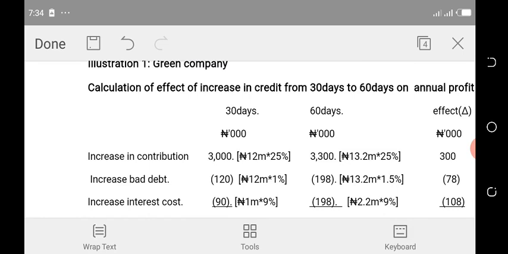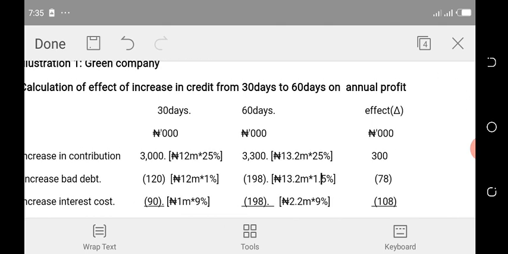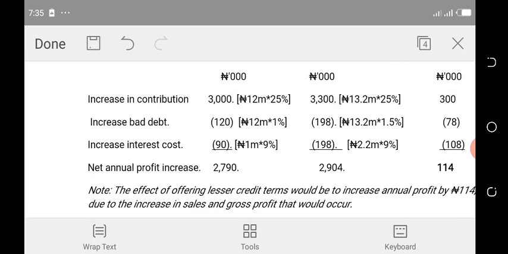So the effect in both of them, which is 120,000 minus 198,000, we have 78,000. So the next is we should look at the finance cost, the finance charge.